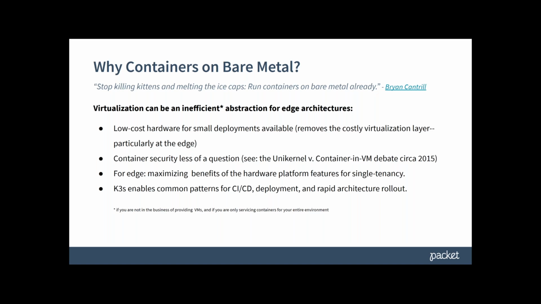And like I was saying here, virtualization can be an inefficient abstraction, meaning that it's additional overhead if that's the only thing you're using virtualization for, to provide Kubernetes. If you have access to the metal, there's no reason to introduce this layer, particularly if this is in the service of your application, where performance is going to be one of your top concerns.